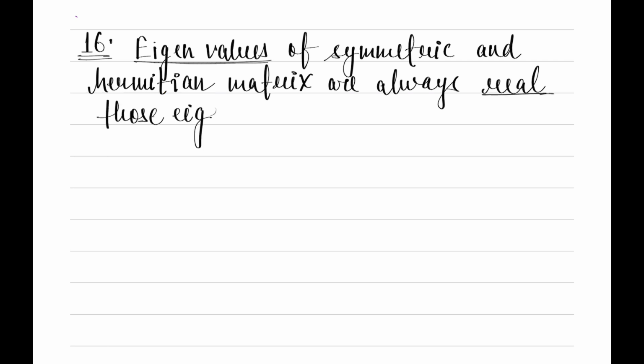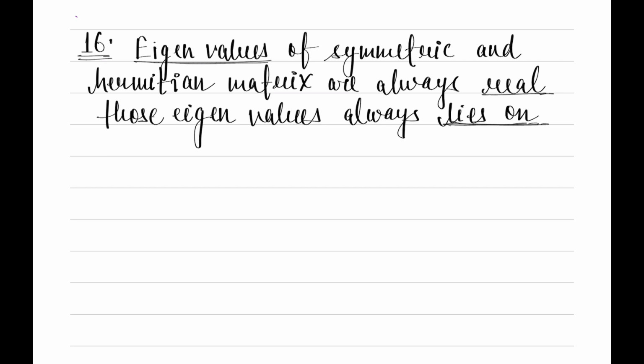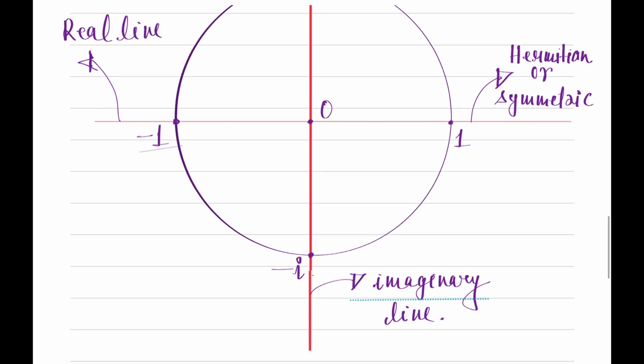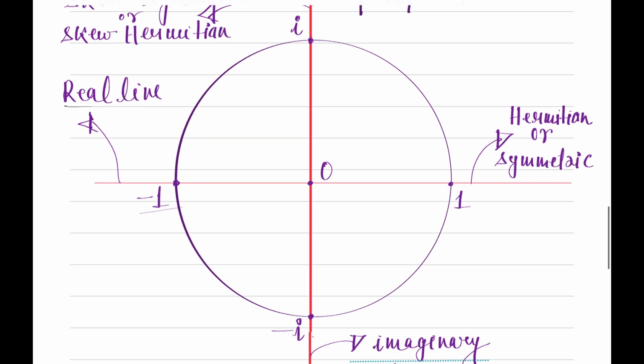Those eigenvalues always lie on the real line. So we had the real line, as this was our real line.